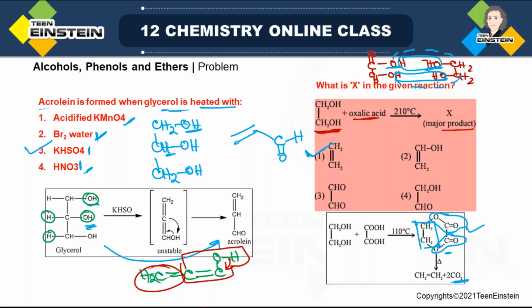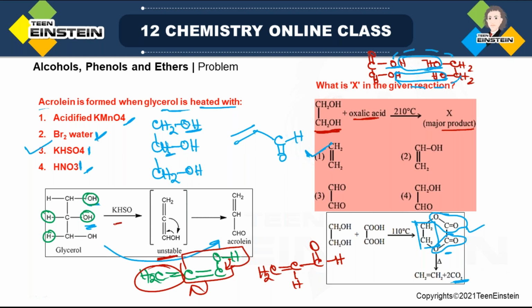But this part, as there is keto-enol tautomerization, will ultimately be H2C=CH-C(=O)H. So this is the structure of acrolein. Though at first glance it seems as if it is an oxidation reaction, actually if you consider this unstable intermediate, this is the actual dehydration product.